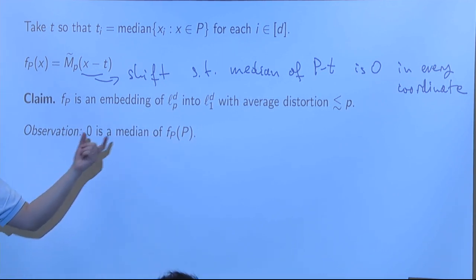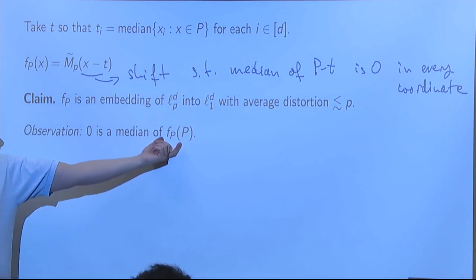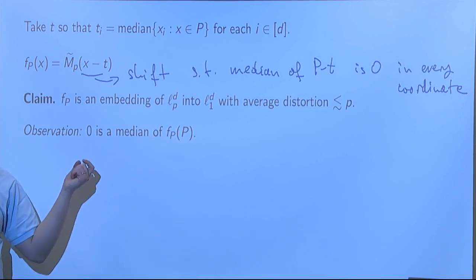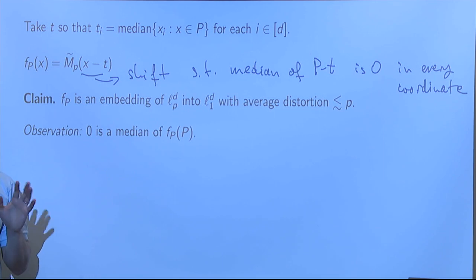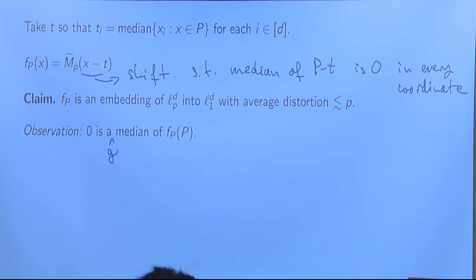In other words, in every coordinate, the median of this mapped point set is still 0. But now in L1, this is also the geometric median. So when I say median now, I really mean geometric median. I made sure that the origin is the geometric median of my mapped point set, which is where I used the previous inequality.